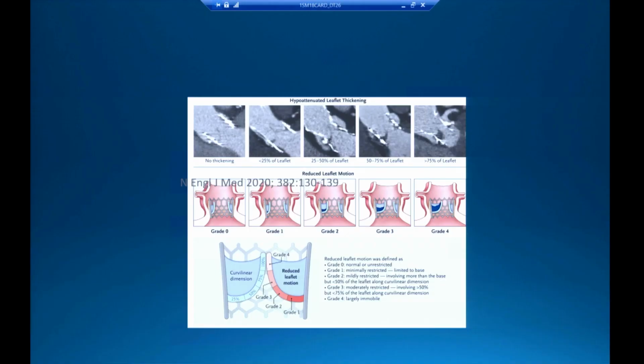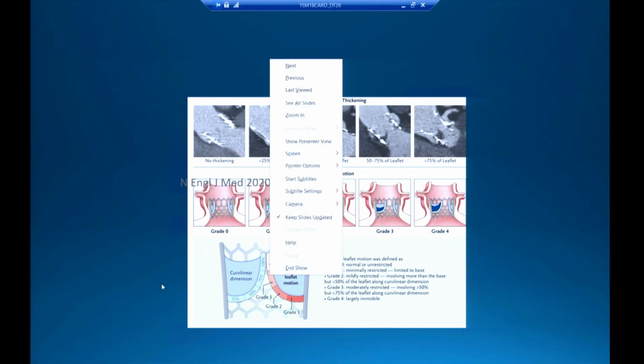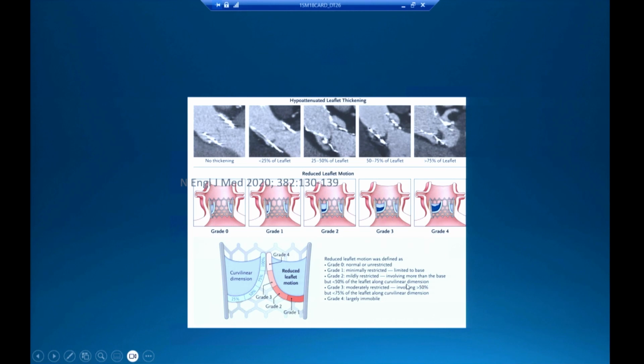So next, everyone has heard about HALT, hypoattenuating leaflet thickening. It has been in the news for several years. The thinking is that because of the creation of a new sinus, the stagnant flow here promotes thrombosis. It usually starts from the base of the leaflet and essentially extends upward and inward toward the center.